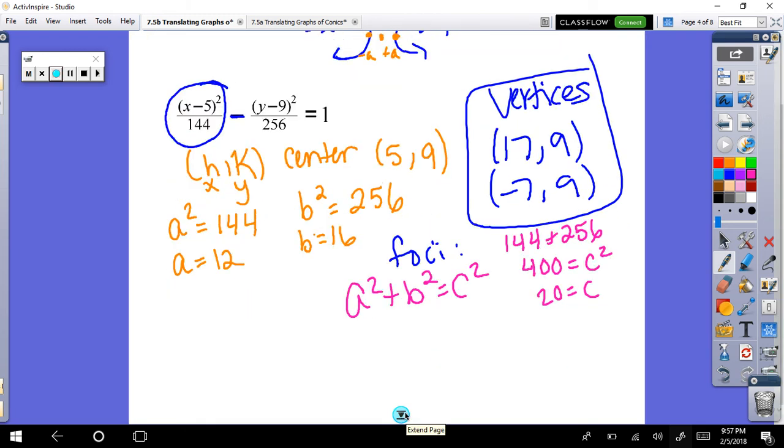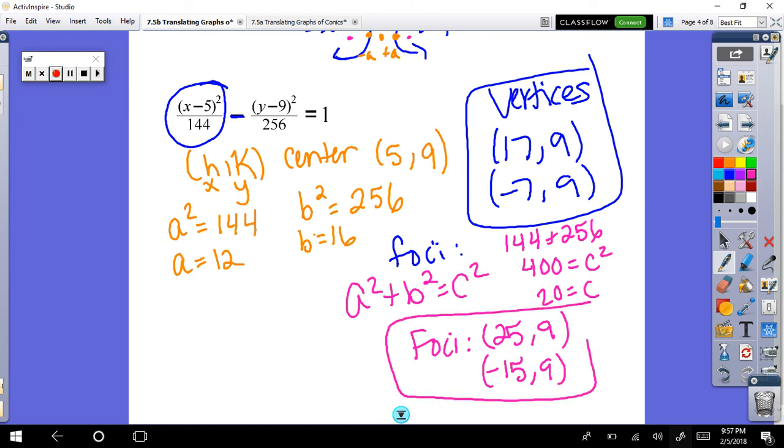Again, the foci are going to be a distance of 20 from the center, 20 right and left from the center. So that means the x-coordinate, 5 plus 20 will be 25, 9, and 5 minus 20 will be negative 15, 9. Those will be the foci. So we found the vertices, foci, and then the center was right here.